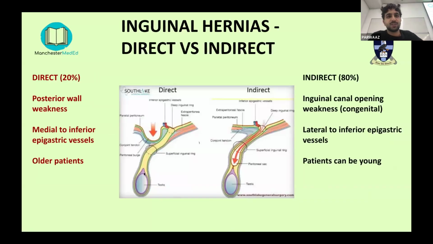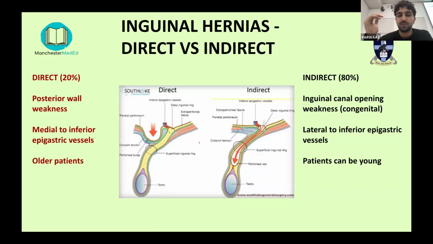Another really confusing thing: direct and indirect inguinal hernias. The way I think of direct is literally perpendicular, directly out of the abdomen. So it hits the posterior wall and doesn't go through the inguinal canal. These will actually protrude through the abdomen and you'll see them as a palpable lump. Whereas indirect hernias go through the inguinal canal and will go into the scrotum as well. So usually they won't protrude when you look at them, and when people cough they'll instead go through into the scrotum and you'll see it there.